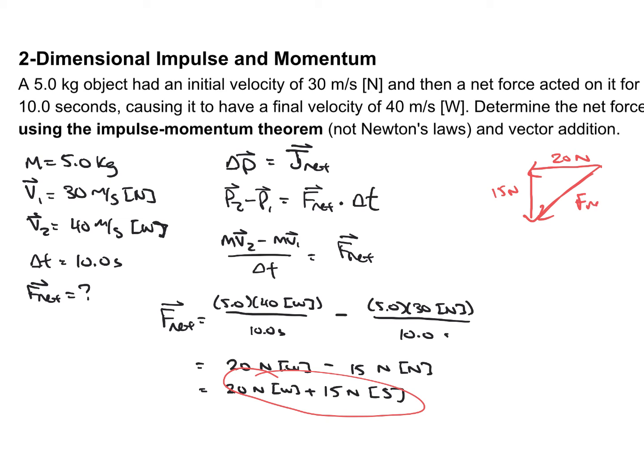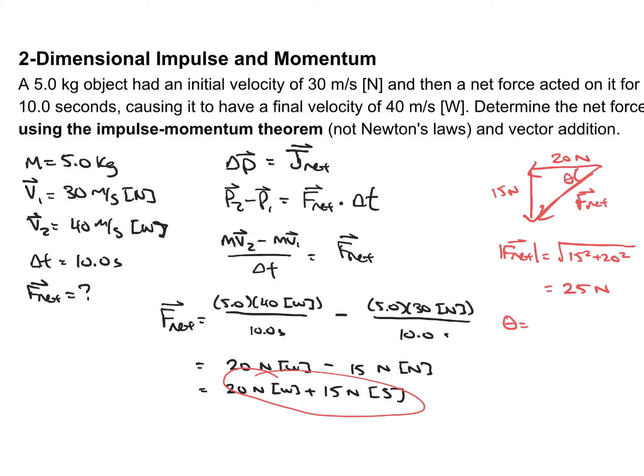That's going to be my net force. I'll find the hypotenuse. I'll find the angle as well. The magnitude will be found with the Pythagorean theorem, 15 squared plus 20 squared all square rooted, which will equal a nice 25 newtons.